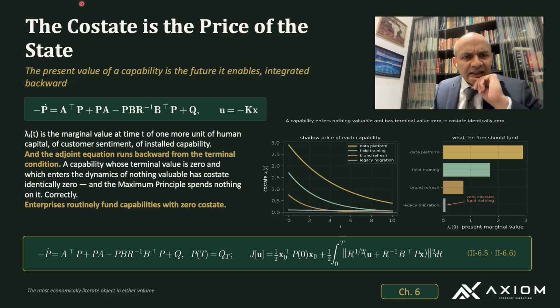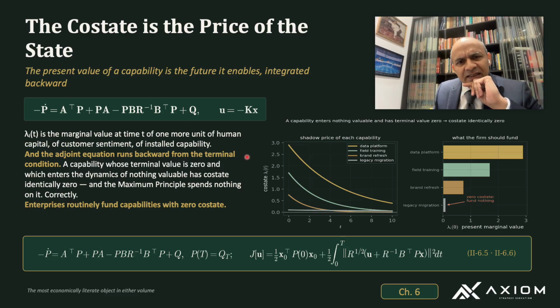Let's have a look at this Riccati equation over here, which is also represented at the bottom as well. The Riccati equation is integrated backwards from the terminal weight Q_T, together with the feedback law it produces.